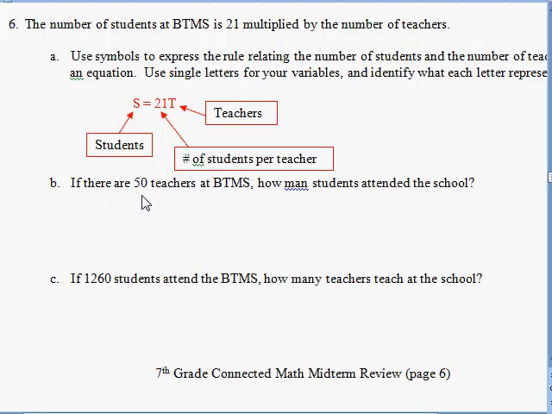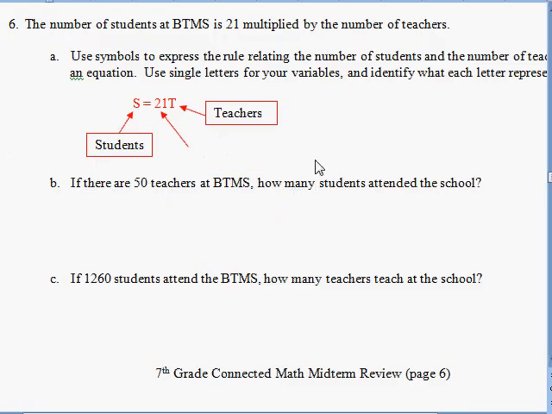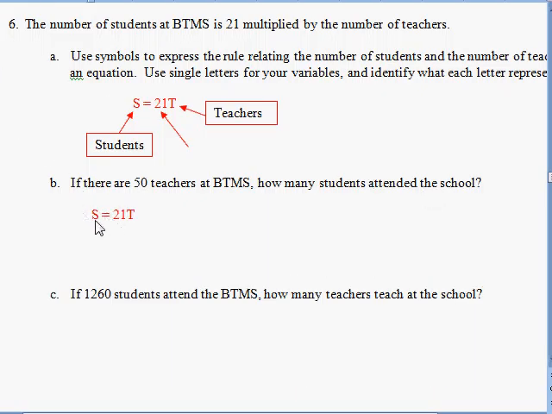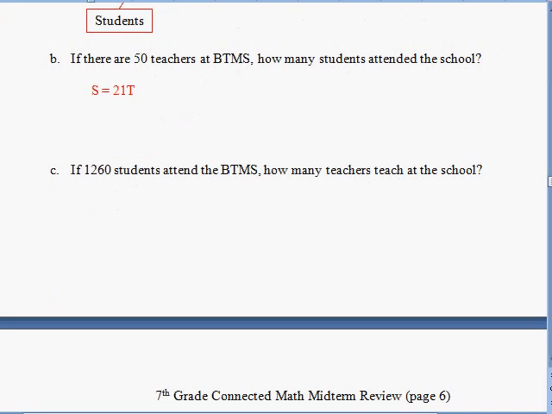If there are 50 teachers at Burlington Township Middle School, how many students attended the school? Alright, we're going to use the same formula that we just figured out to get the answer to that. They're telling us that there's 50 teachers.